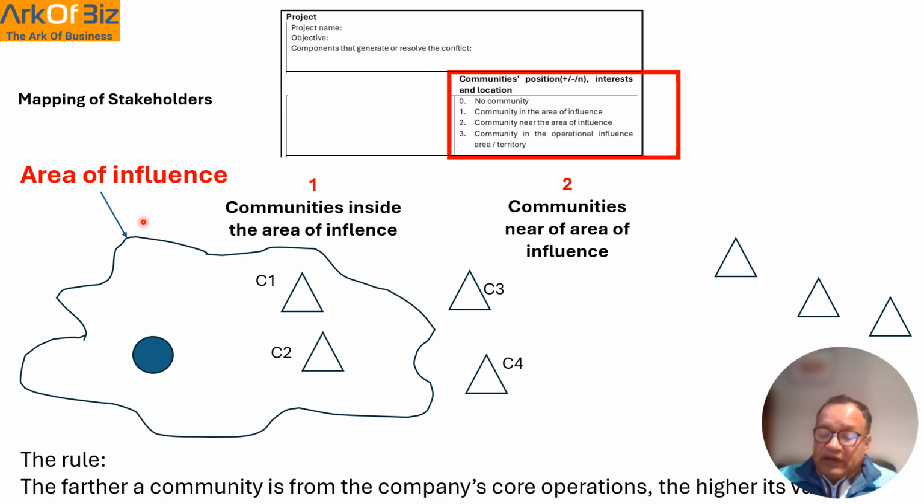When the company arrives, the company needs to define the area of influence, considering environmental and social factors. Environmental factors, for example, identify local ecosystems and biodiversity that may be affected by the company, or assessing the impact on water resources, or evaluating potential displacement of communities.